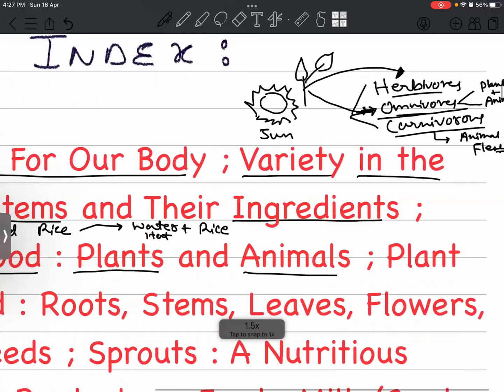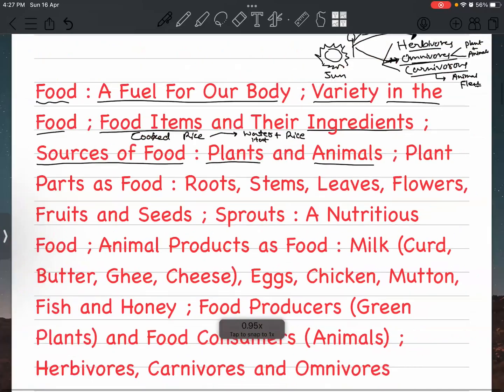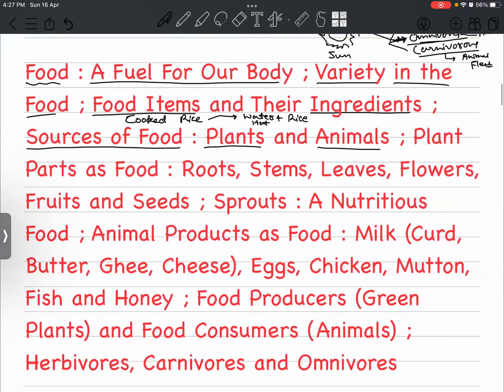Okay, Swati. So now, what parts of the plants do we consume as food? There are some plants whose roots are eaten. Fruits. We eat seeds of some plants also. Stem, like palak.